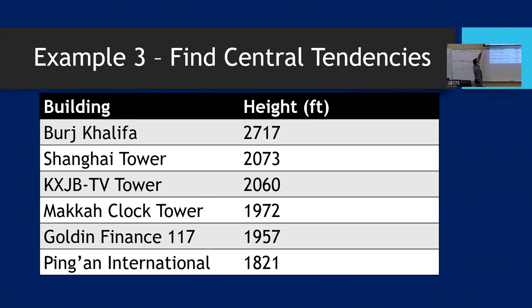Let's do one more example. Here we have a data set of 6 different buildings. In fact, these are the 6 tallest buildings in the world as of, I believe, 2 years ago. There might be a different one on the list now, but I want you to find the central tendencies here.